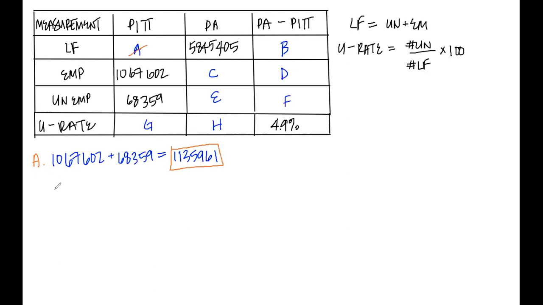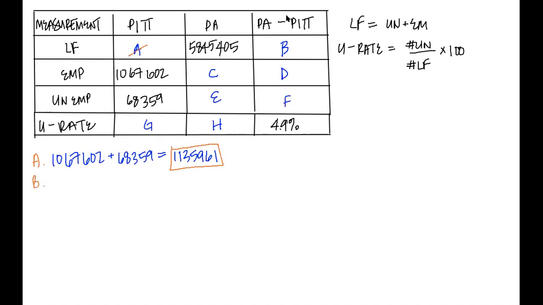So the next thing that I'm going to solve for is, we now have 2 of the 3 labor force numbers. Since we know Pennsylvania and we know Pitt, we can solve for the third column since it's just Pennsylvania minus Pitt.